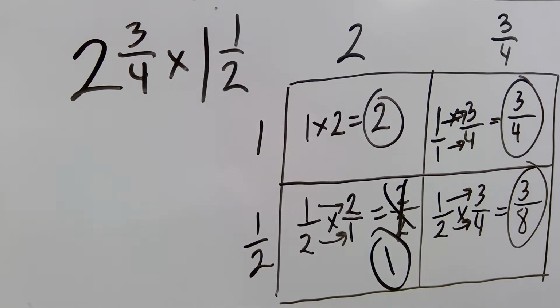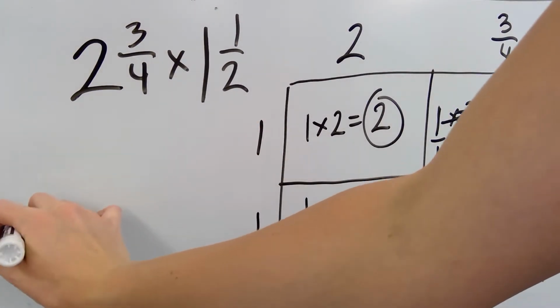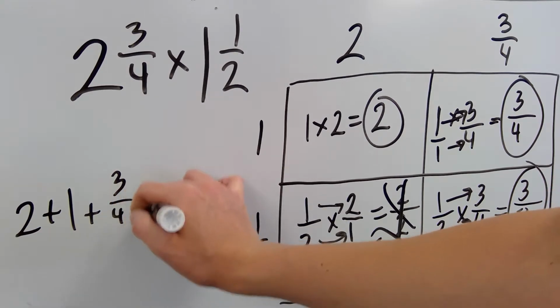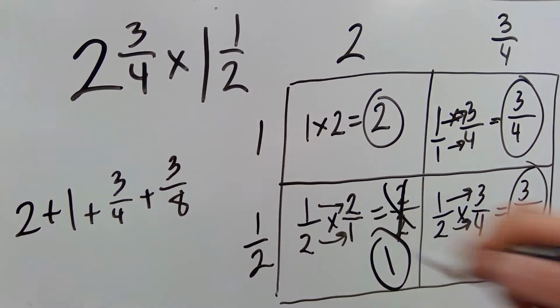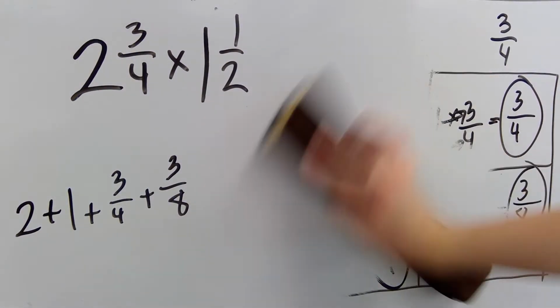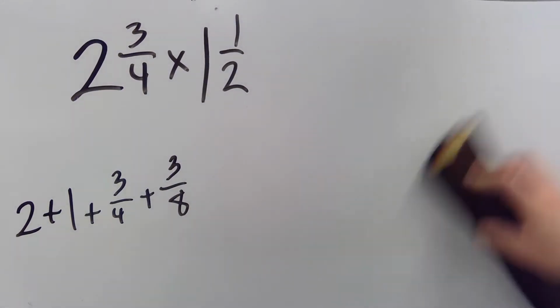Okay, now I have to take this whole mess, if you will, and add it together. So I'm adding 2 plus 1 plus 3/4 plus 3/8. I'm just going to write that in an addition sentence for us. 2 plus 1 plus 3/4 plus 3/8. Now, we can already add part of that without doing much work.